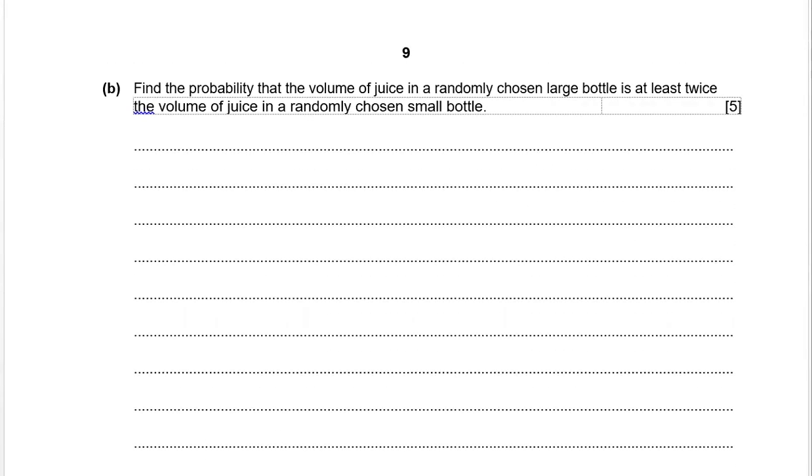Now part B, find the probability that the volume of juice in the larger is at least twice the volume in the randomly small. So L is greater than or equal to 2S. First thing is this, we can write it L minus 2S is greater than or equal to 0.